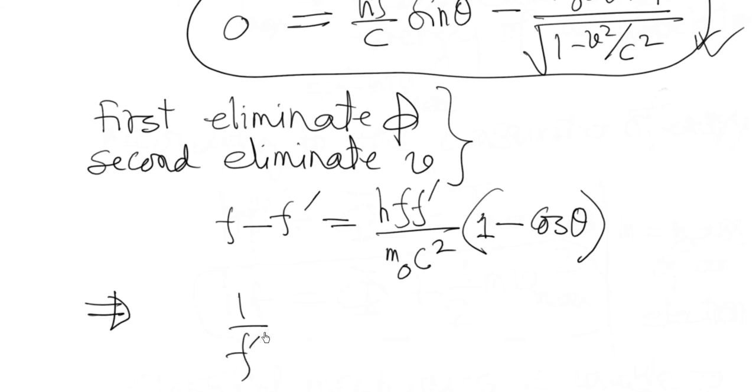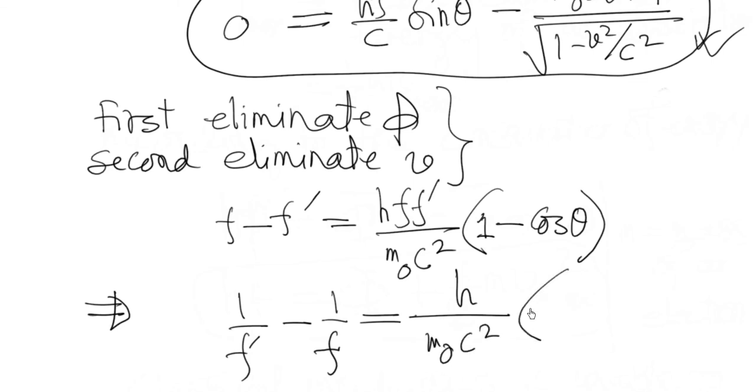so this one will be 1 by f prime and this one will be 1 by f, and we'll have h divided by m naught c square times 1 minus cos theta.